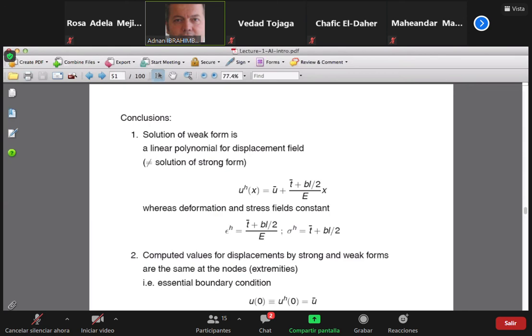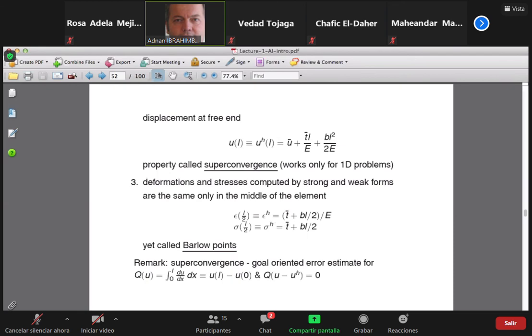Please note that when we applied this result, both in strong and weak form, we applied the essential boundary condition and the natural boundary condition we recovered. The fact that these displacements are matching at the nodal values, that means at the ends of the interval of the bar, is the first remarkable result, and the fact that the stresses and strain are matching in the middle is another remarkable result.